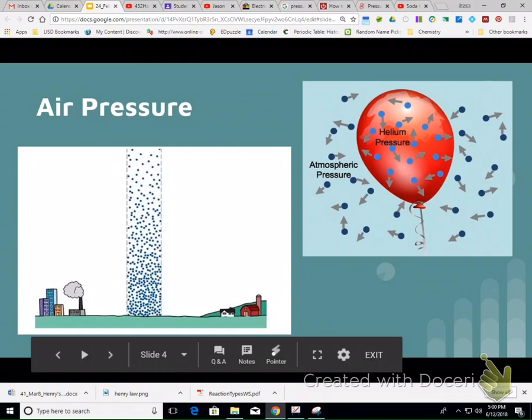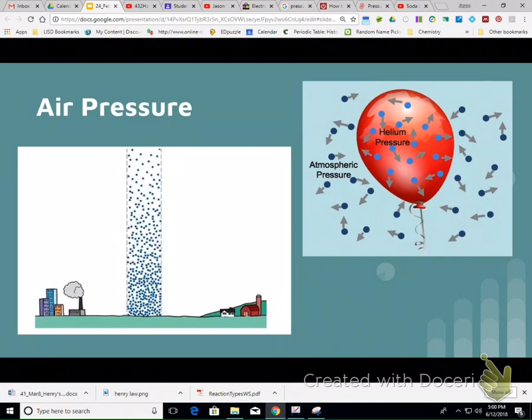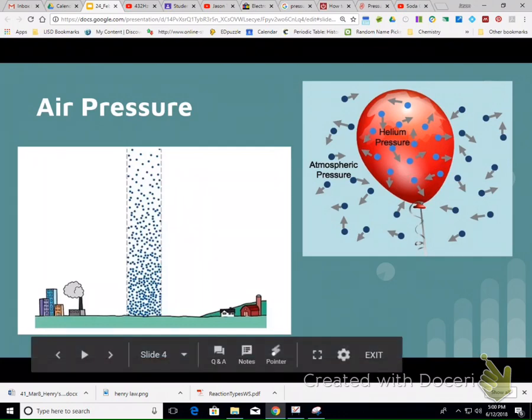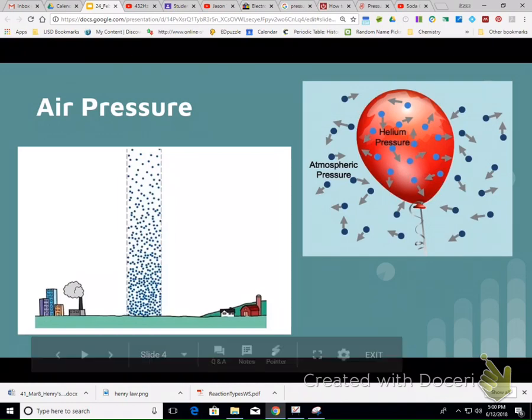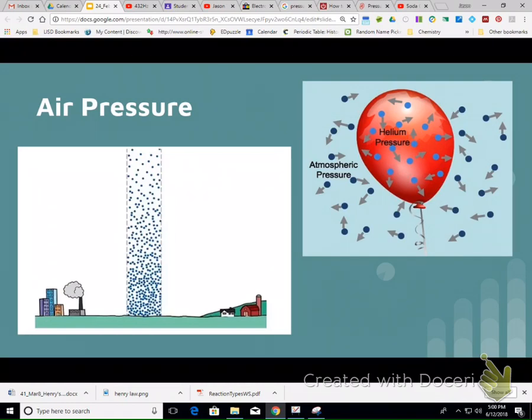If you take the mass of the entire column, and for the sake of argument assume this is a 1 square meter column, and you took the mass of every particle in this column all the way up to the edge of outer space, found the weight of that, and then divided it by 1 square meter, that would be atmospheric pressure in pascals.